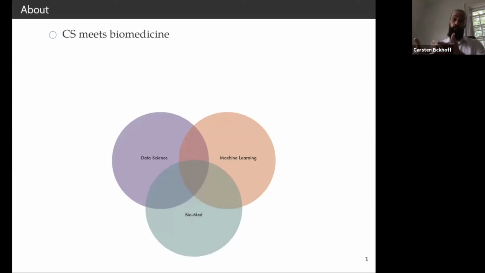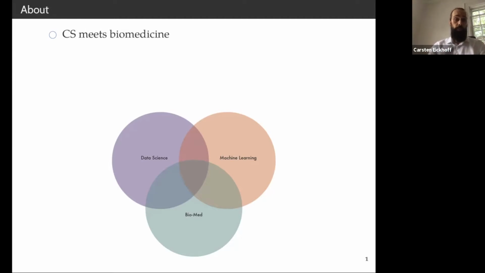It's not always clinical, but often there's a clinical application to it. The three big areas that we work in are the traditional machine learning and data science, which I understand as information retrieval, NLP, and all of these applications, and then the biomedical sector. Some of these things are more biology leaning, others are more on the clinical medical side.